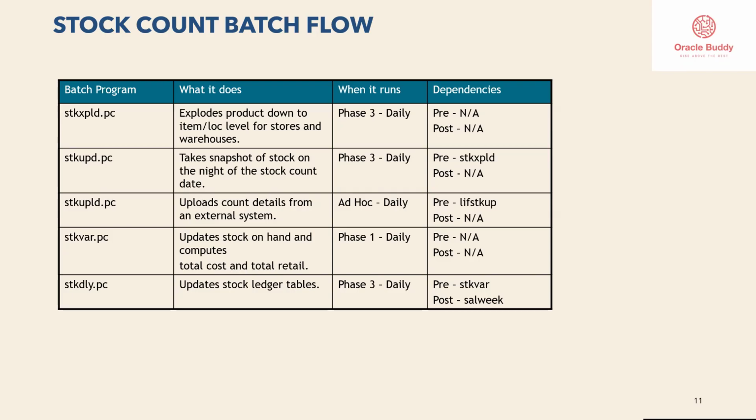Suppose a location has stock on hand as 5 in RMS, but in the store it is only 1. It will post a -4 to reduce the stock on hand to 1 in MFCS. Then the last one is STKDLY.pc, which updates the stock ledger tables.